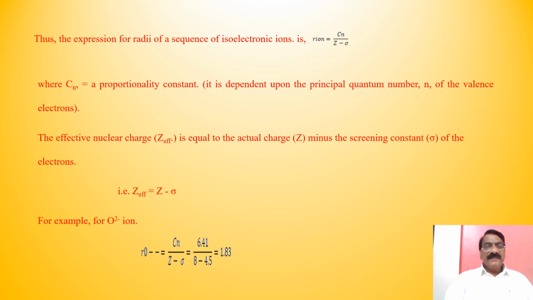For example, for the oxide ion, R of O two minus is equal to Cn upon Z minus sigma, which is equal to 6.41 upon 8 minus 4.15, which is equal to 1.83 angstrom.